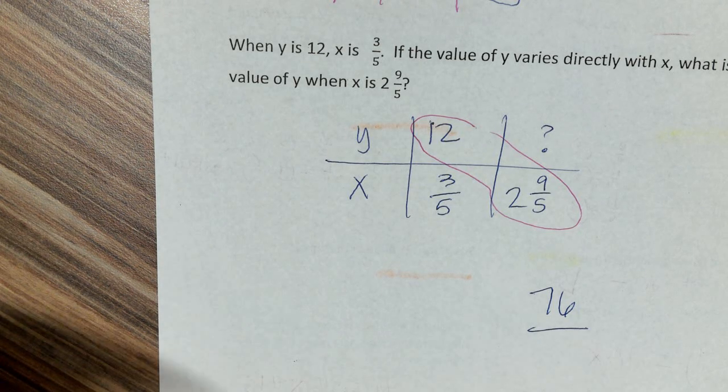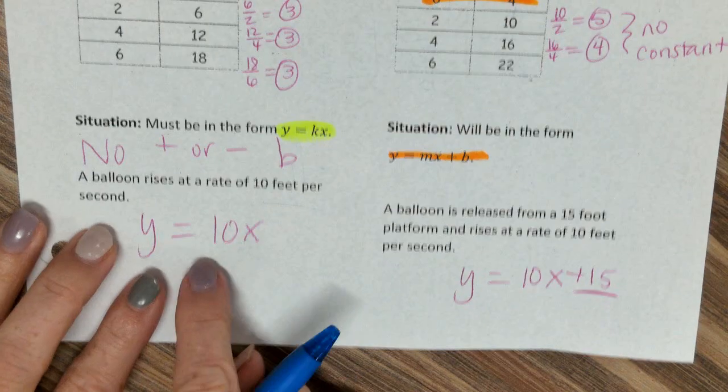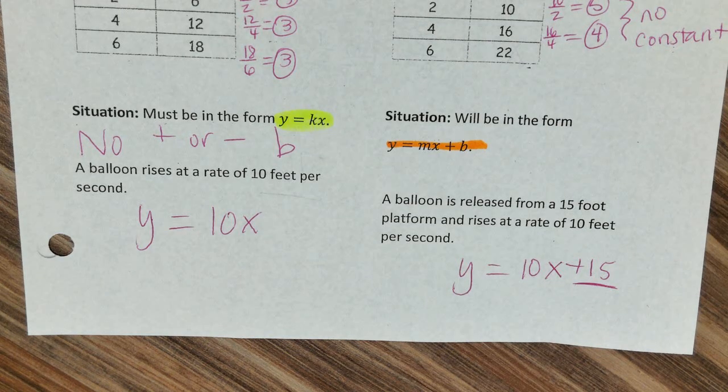Okay, also, before we stop guys, I need you to listen. I want to mention something to you. When you're writing equations to see if they have a plus b or minus b, there are times there will be two numbers and it will still be proportional. So stop and listen. I'm going to write something back here.